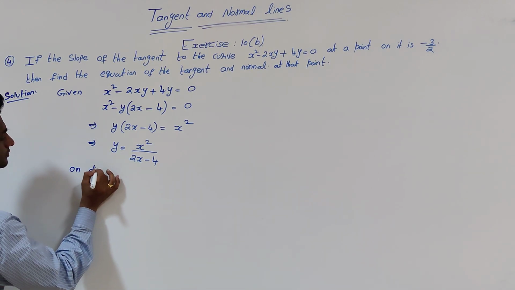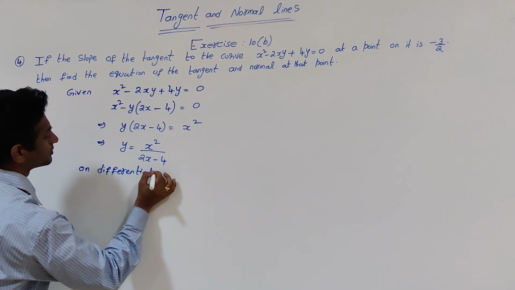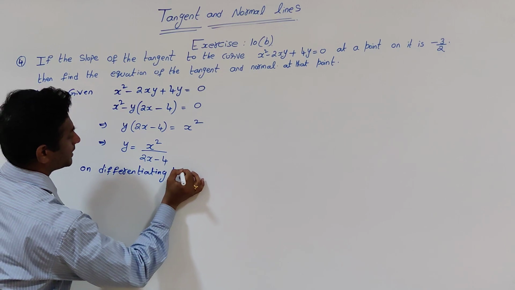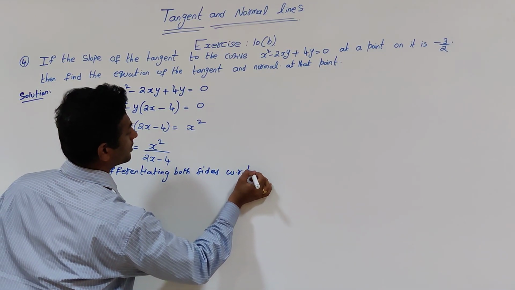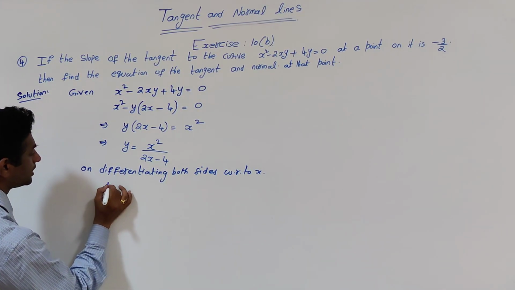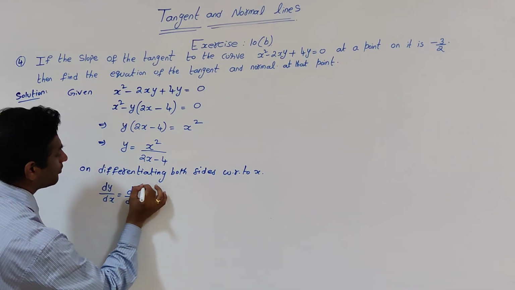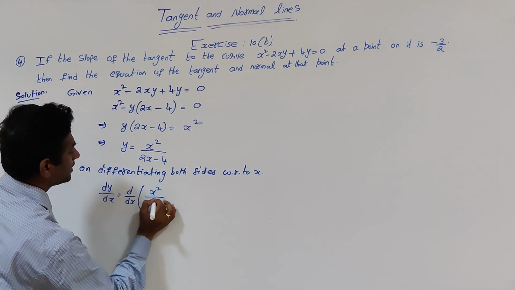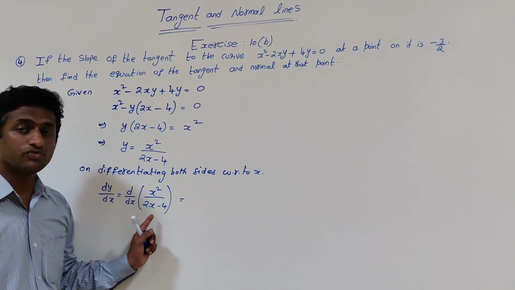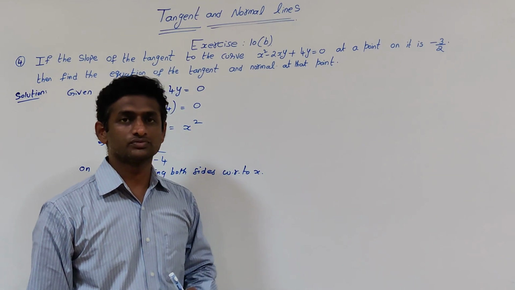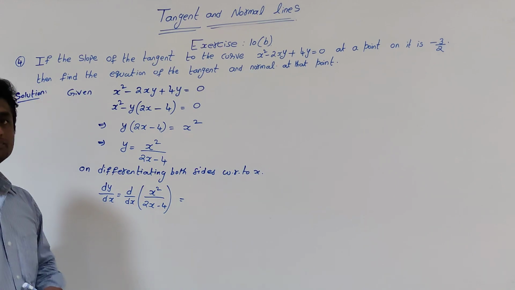On differentiating both sides with respect to x, dy by dx is equal to d by dx of x square by 2x minus 4. Now it is in the form of a rational function, so we have to apply the quotient rule. So what is the quotient rule?